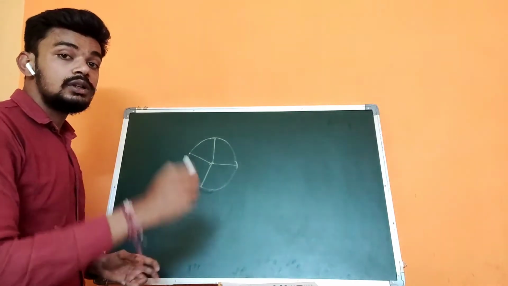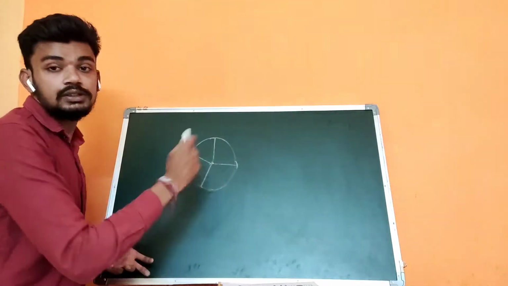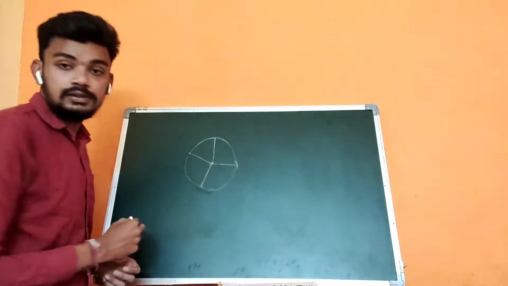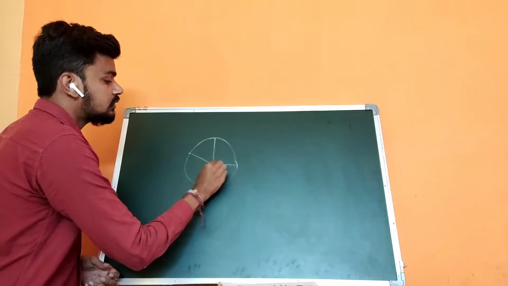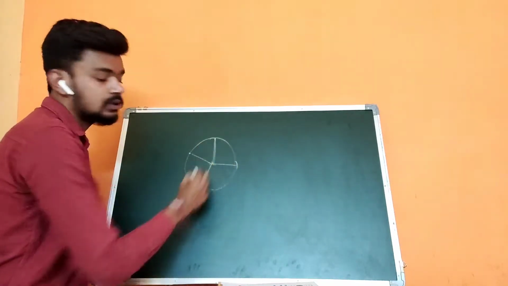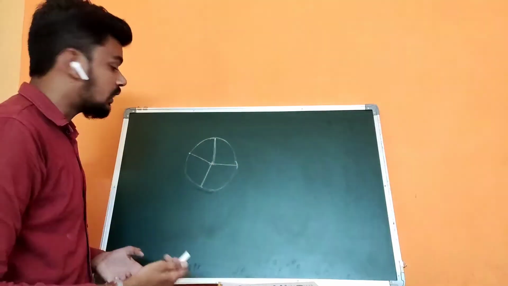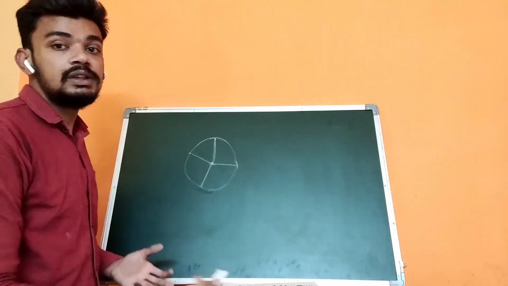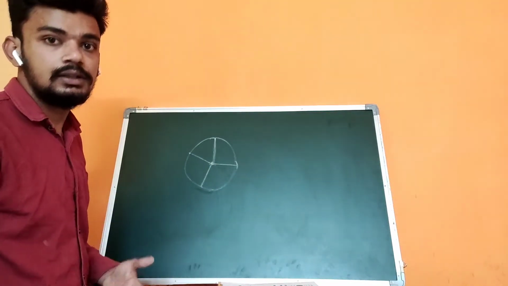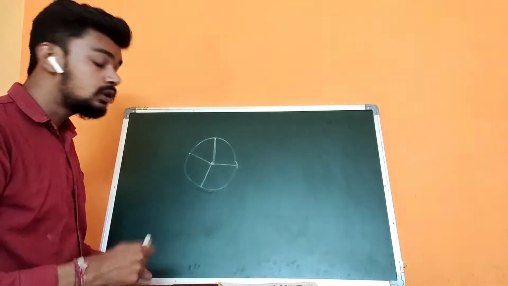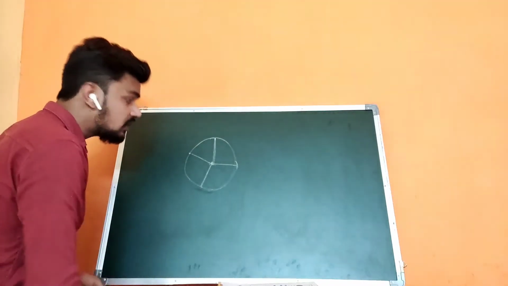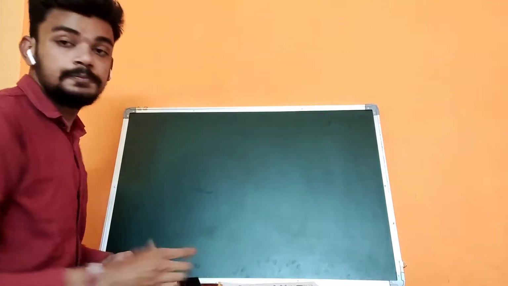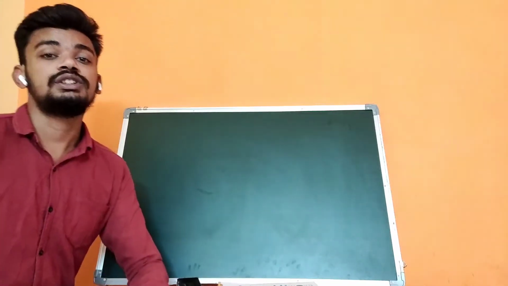Then can you say that by just drawing the circle by hand, all are at equidistance? No. As you can see, some are less, some are more. So we cannot draw the circle properly with just our hand. Understood? So for that we need an instrument, a geometry box.